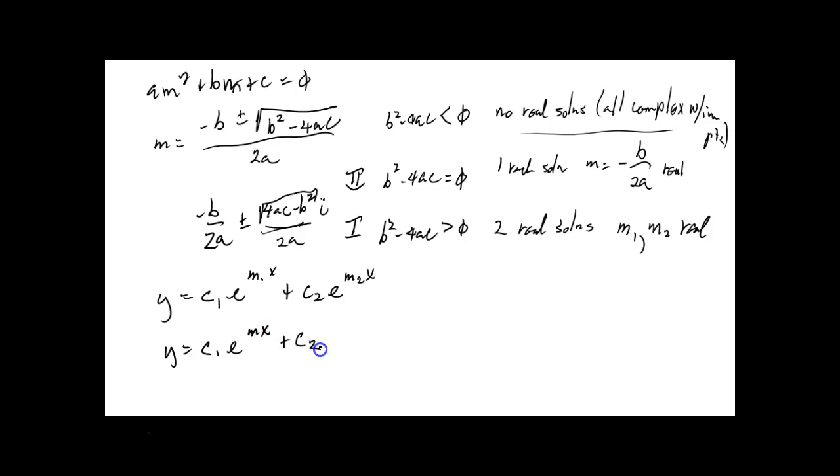Plus C2. Now, here's what they do. Remember that whole rigmarole about reduction and so on that we did in 4.2? Turn back to 4.2. Basically what you turned out with is something multiplied by your first one.